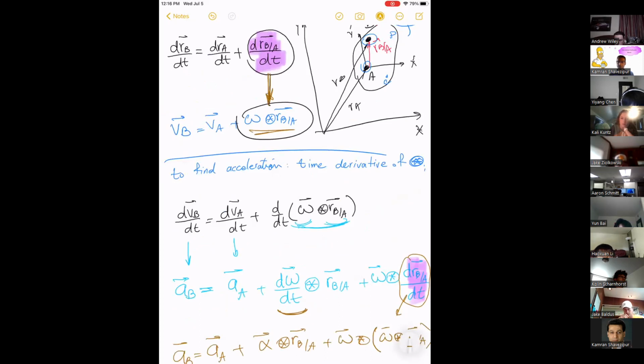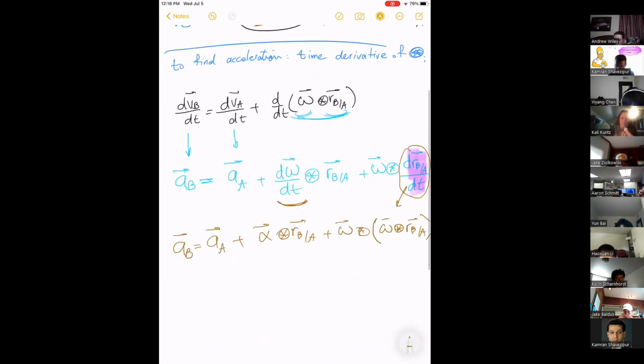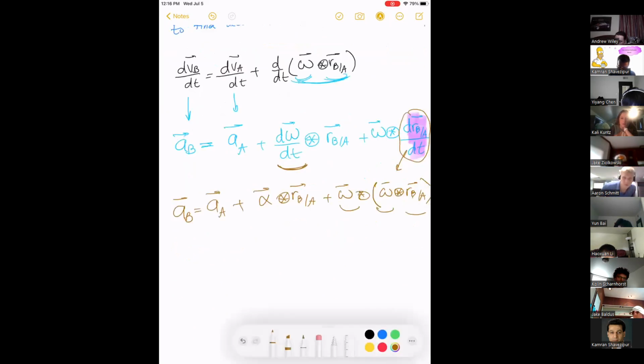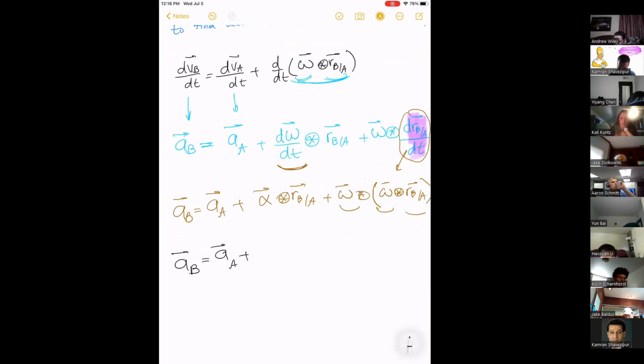You guys follow? And we have seen before omega cross R, you can simplify it as minus omega squared R_B/A. You can use this equation too.